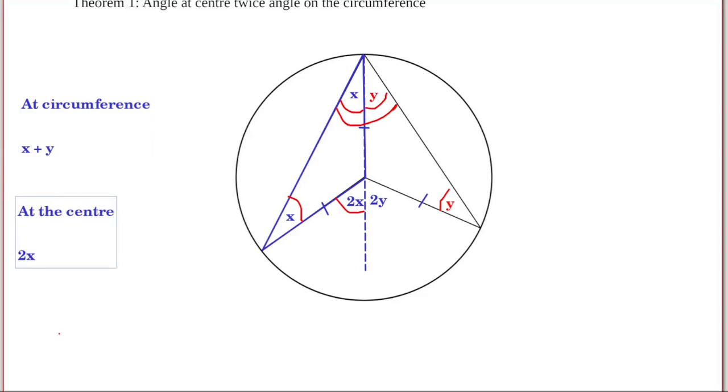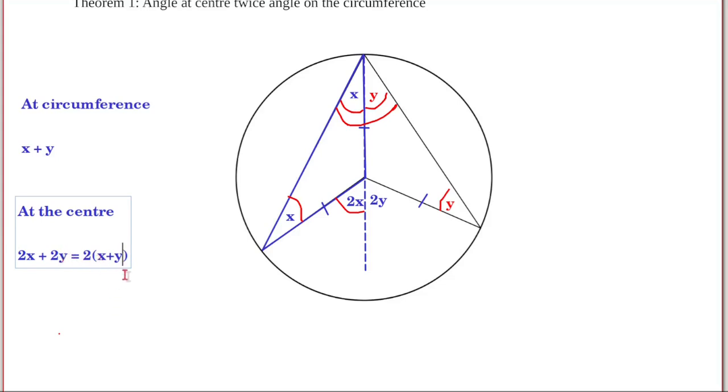I have 2x plus 2y. So what if I decide to factor out 2? From there, I'm going to get 2 into x plus y. But then x plus y is actually the angle at the circumference, and this is the angle at the center.